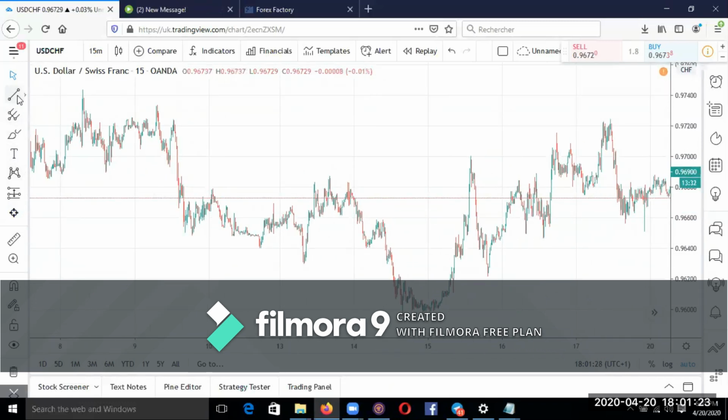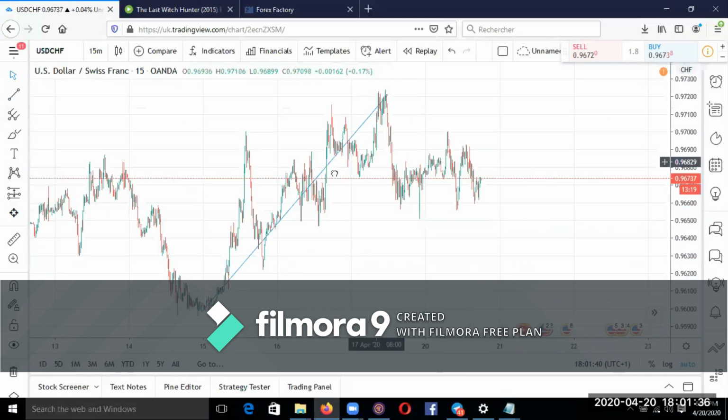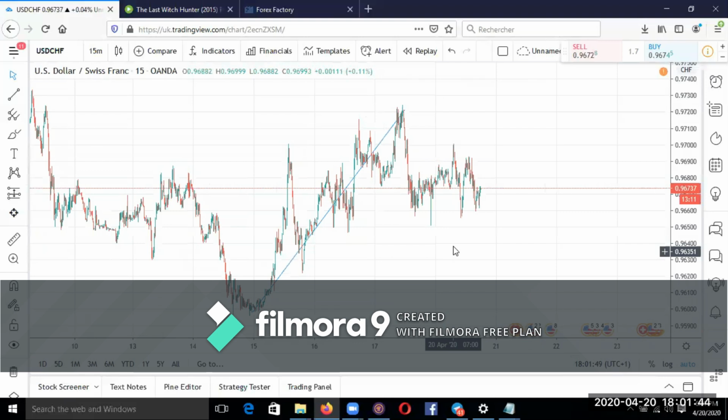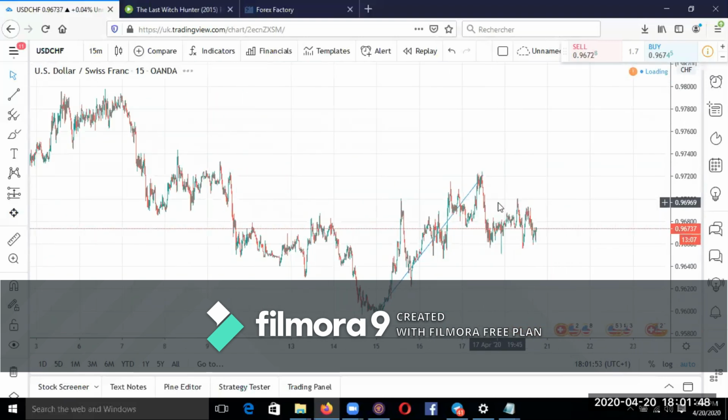So the movement of this market from here to here, if you want to use it as a trading term, you say the market was bullish from this position to this position. And bearishness is the reverse of this, right?